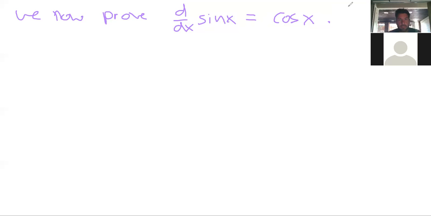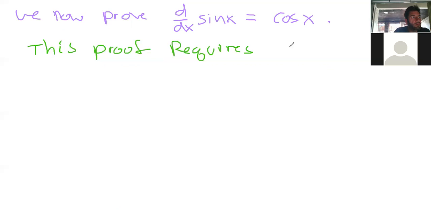So this derivation requires some stuff we did a few classes ago. So the first thing it requires is this limit.